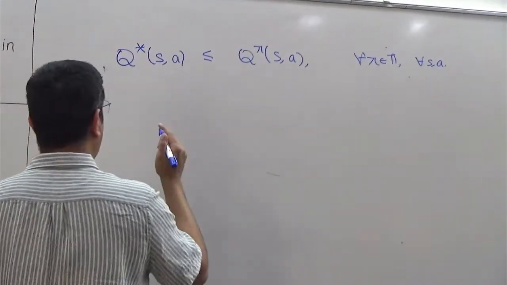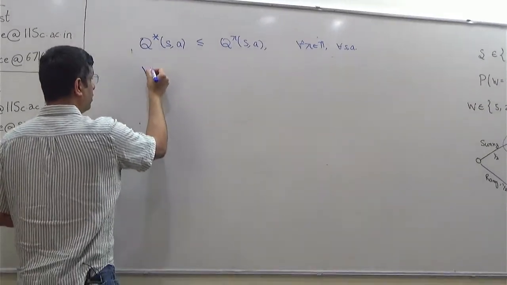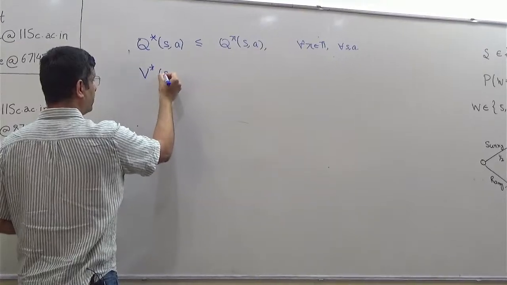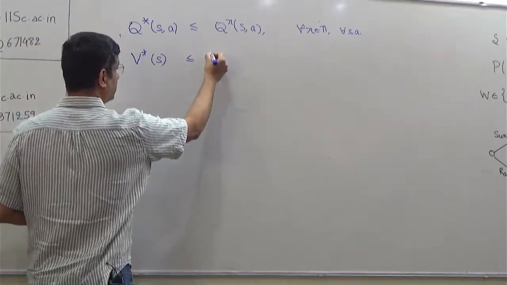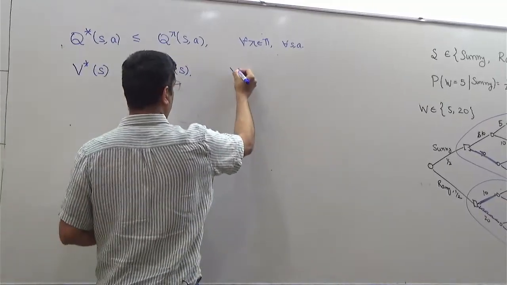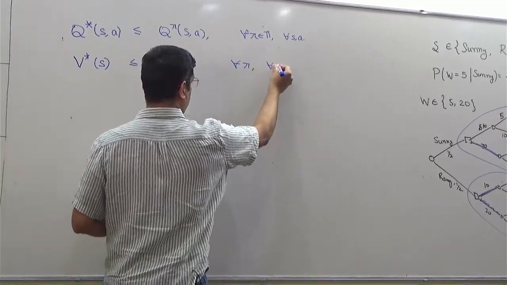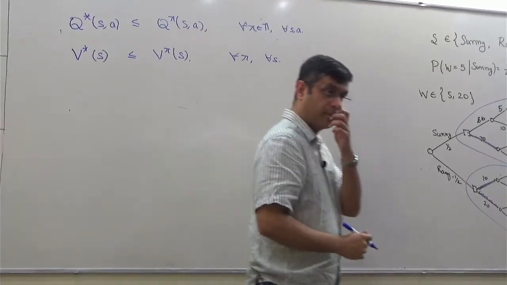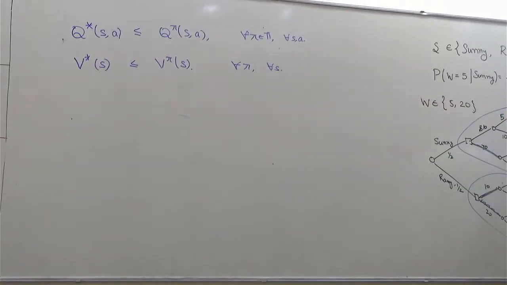Then I claim V star of S is going to be less than or equal to V pi of S for all pi, for all S. This is true because I was doing optimality at this step, and I'm just arbitrarily picking an action at the other step.